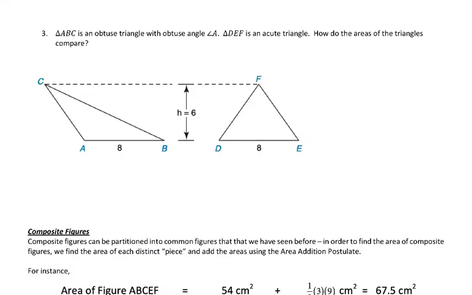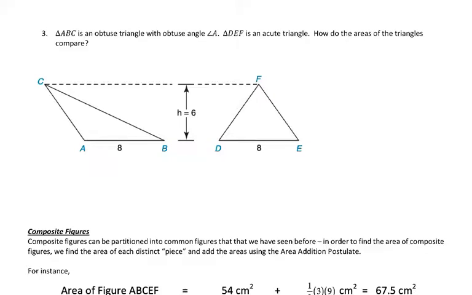Again, they get a little more complex, but I'm still going to walk you through some of the examples, and I'm going to ask that you stay with this because it does get a little more complex. If triangle ABC is obtuse and has an obtuse angle A, and triangle DEF is an acute triangle, how do these specific triangles compare in area?